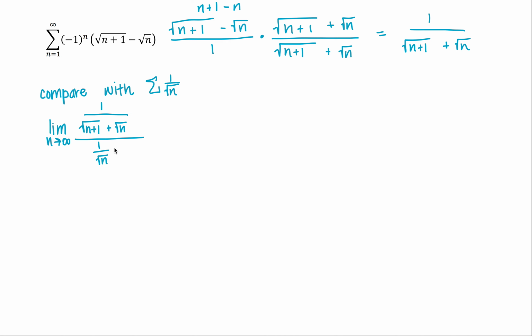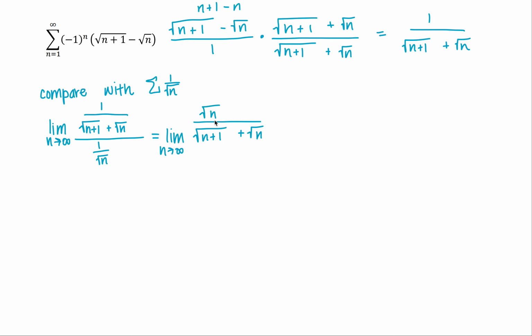So I can rewrite this. I'm going to take the denominator and multiply by the reciprocal. So we end up with the limit as n approaches infinity of the square root of n over the square root of n plus 1 plus the square root of n.